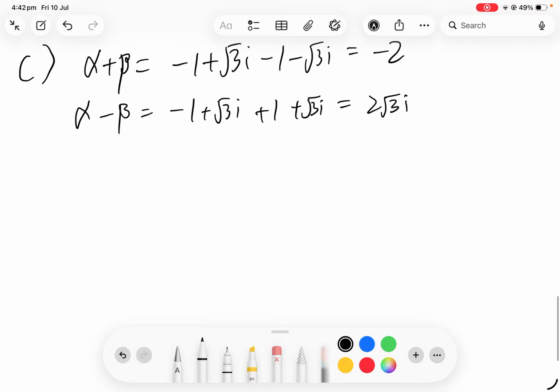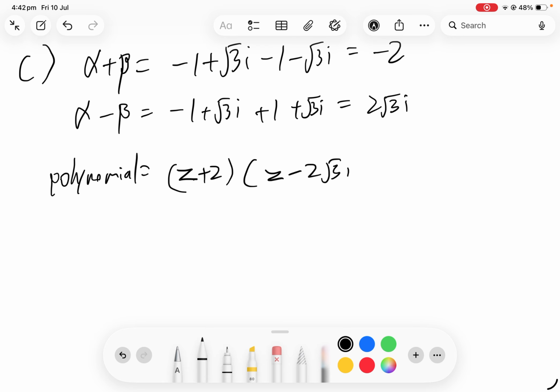And now we want to find the quadratic polynomial whose roots are these two. So that means the polynomial must just equal z plus 2, z take 2 square root 3i.